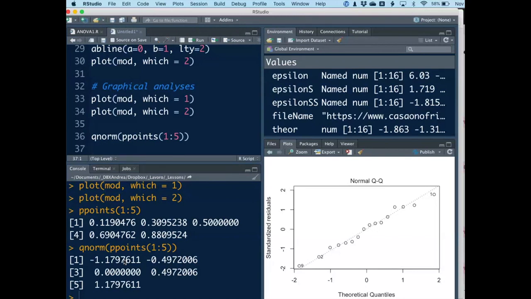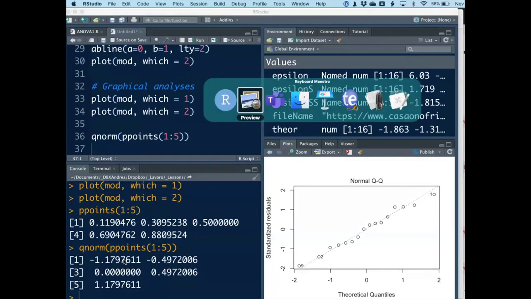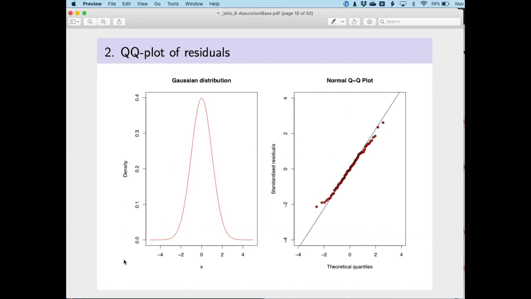Other questions? If you don't have questions, I want to show you some situations with problems. Yeah, let's go to the presentation. This is a QQ plot. I have just put a standardized Gaussian distribution here, and the resulting QQ plot.